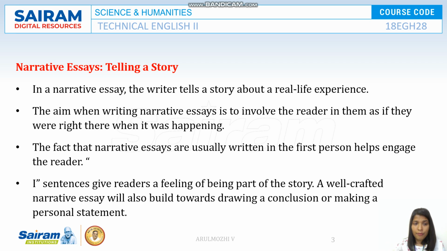The main aim of writing a narrative essay is to involve the reader with the writer, so that the reader can get what exactly is happening, as if they were right there when it was happening, like the reader was really watching it.